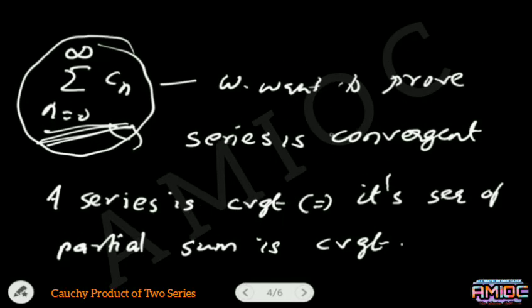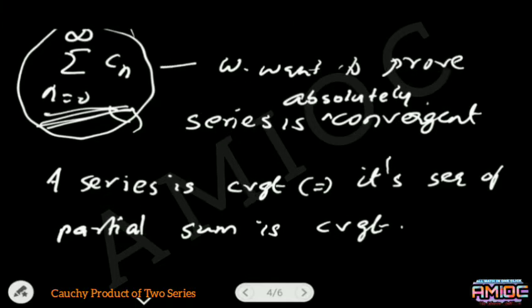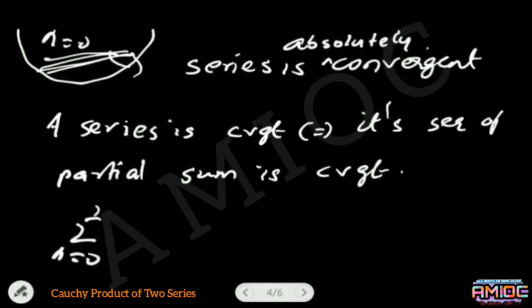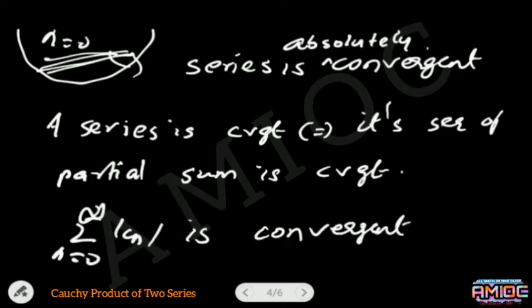Sorry, we want to prove the series is absolutely convergent. Therefore, we want to discuss the partial sum of the series. This series is absolutely convergent will imply summation n equal to 0 to infinity mod Cn is convergent. We have to discuss the convergence of the series summation n equal to 0 to infinity mod Cn. To discuss the convergence of a series, we have to discuss its sequence of partial sums, and if its sequence of partial sums is convergent, then the given series is convergent.